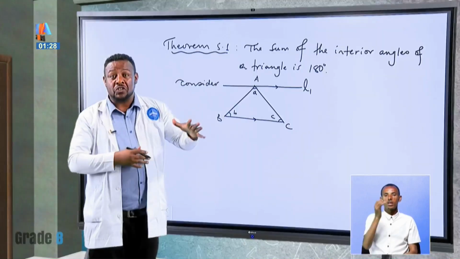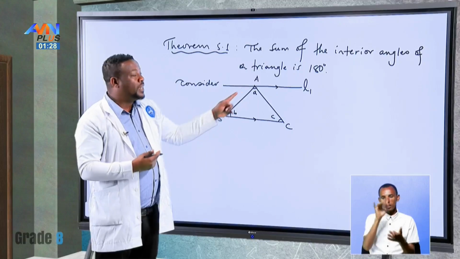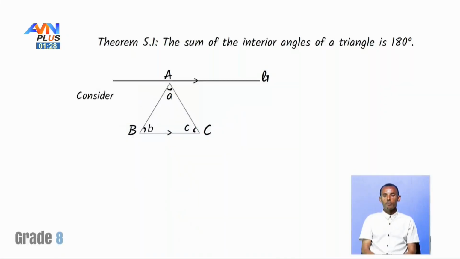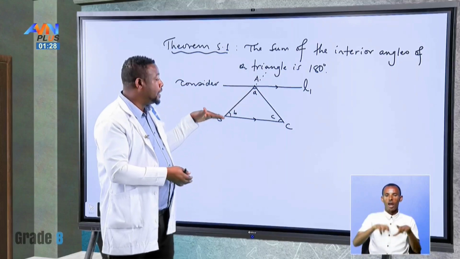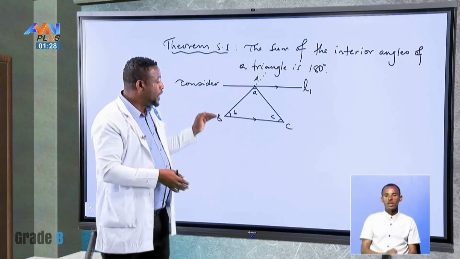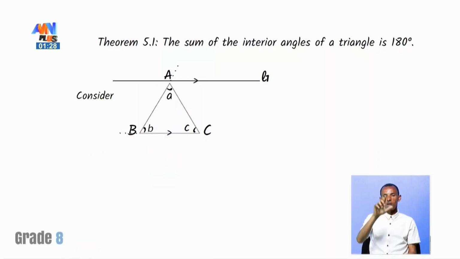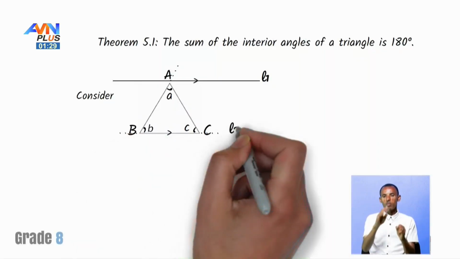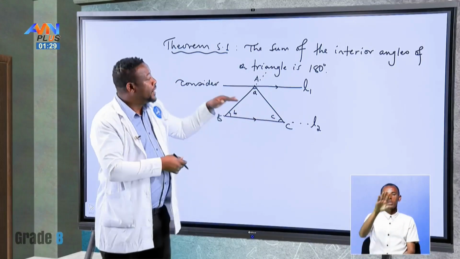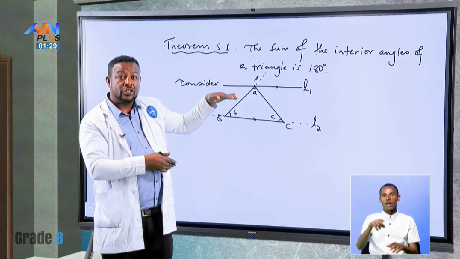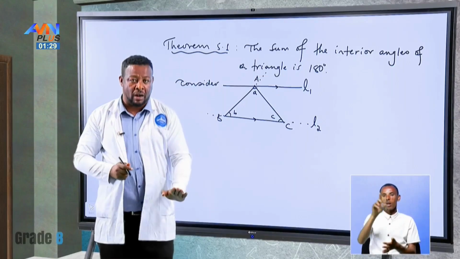If you extend BC, it can be a transversal for the lines L1 and BC, right? Say this is L2. L2 is a line containing BC, and L1 is a line passing through the vertex A. We are assuming that L1 and L2 are parallel.